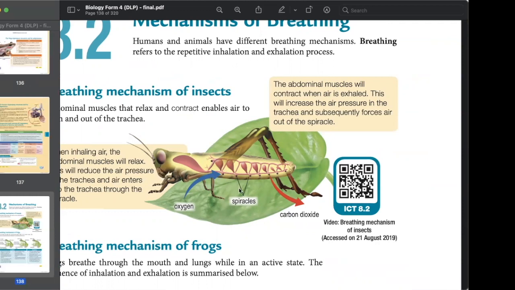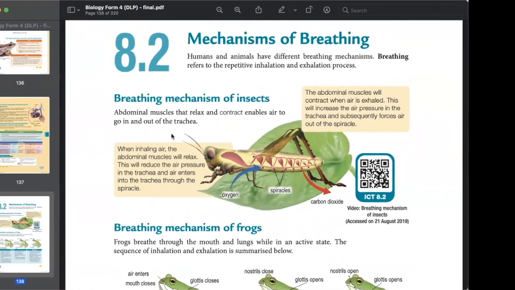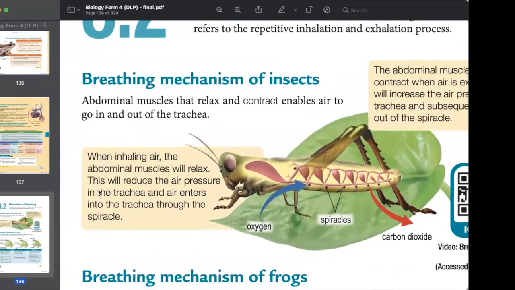So why I emphasize the word abdominal muscle? Kita tengok dulu. This is inhalation, yang ni exhalation. Inhalation is to take oxygen. Exhalation releases carbon dioxide. So when inhalation, the abdominal muscle will relax.